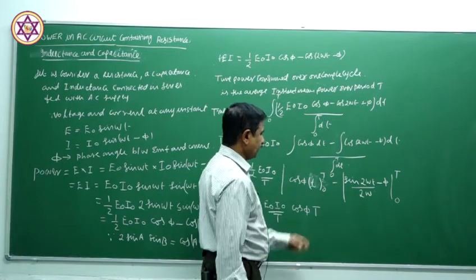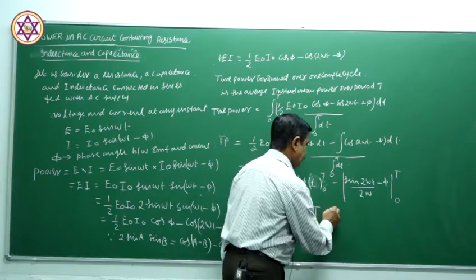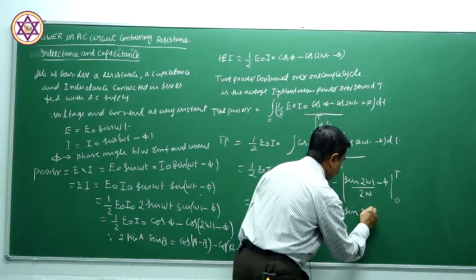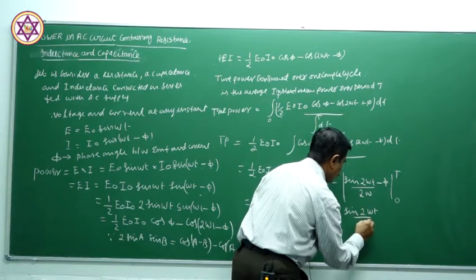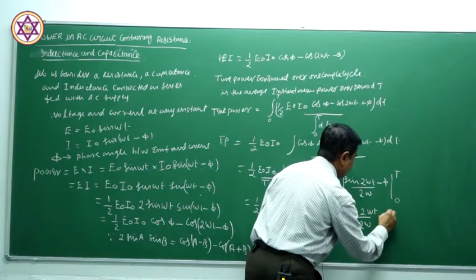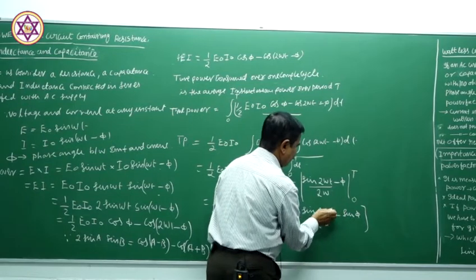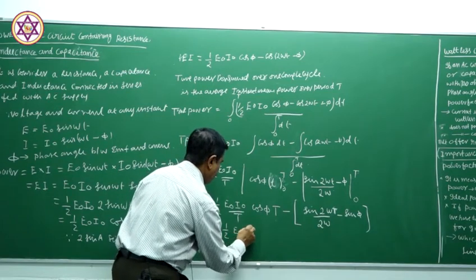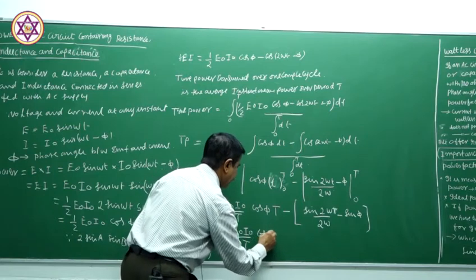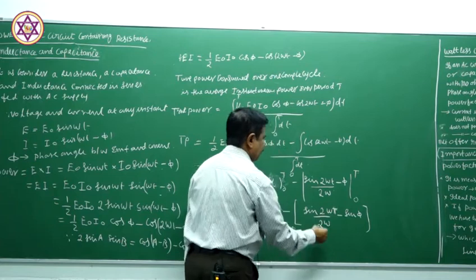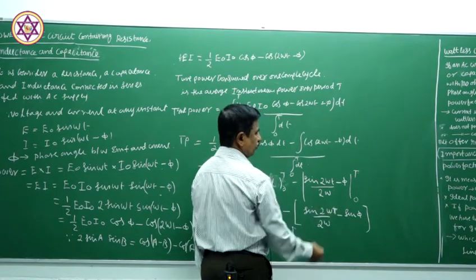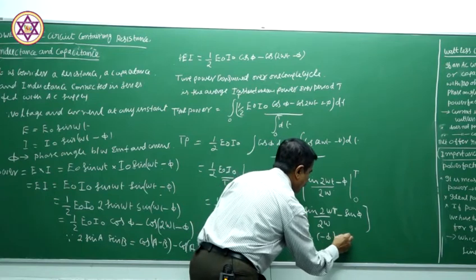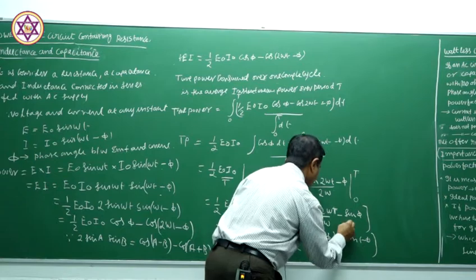Integrating and substituting the limits, I get sin of 2 omega T minus phi divided by 2 omega, minus sin of minus phi. For omega I can substitute 2 pi by T, and then substituting, I will get sin of minus phi minus sin of minus phi. So this turns out to be 0.